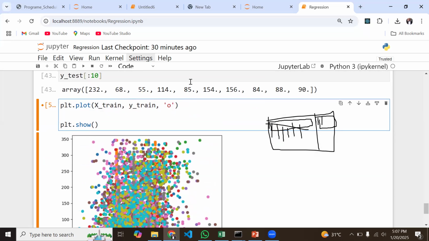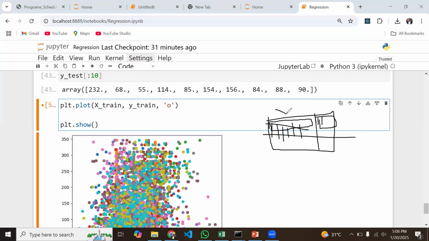And then X train, Y train. Okay. I get confused with this all the time.